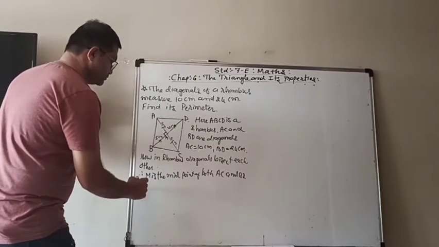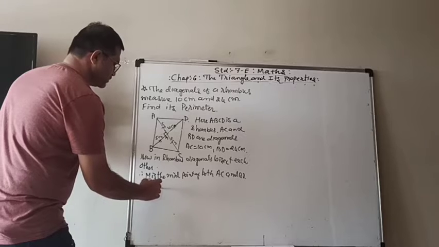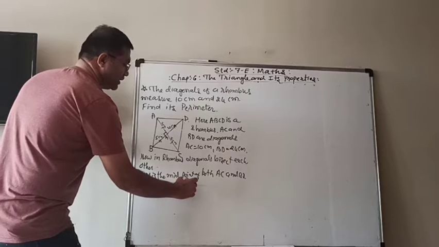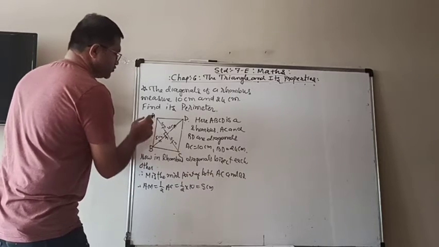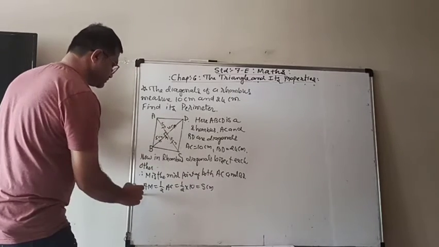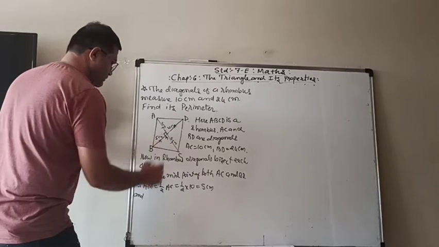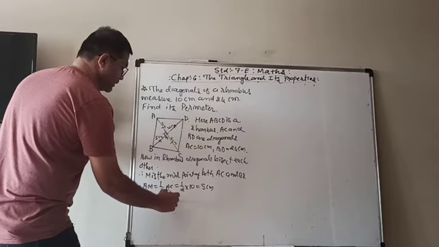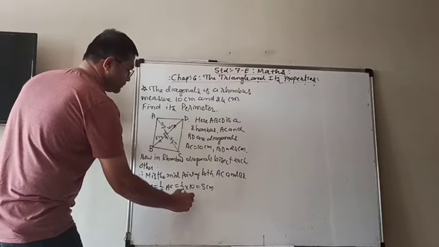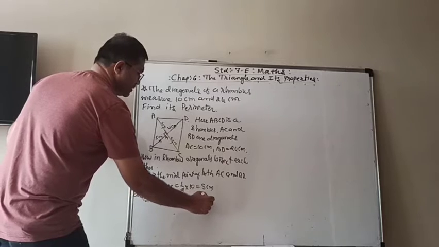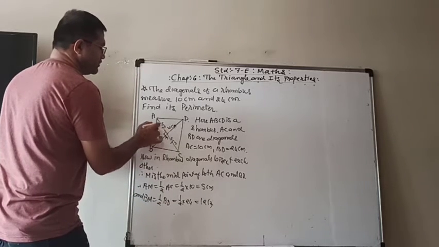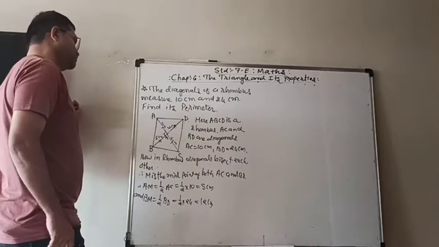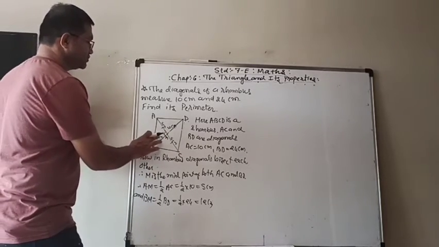So now, therefore, AM is equal to half of AC, half of 10 is 5 centimeter. So here AM is 5 centimeter and BM will be half of BD, that is half of 24 and that is 12 centimeter. So here we get AM is 5 centimeter, BM is 12 centimeter.